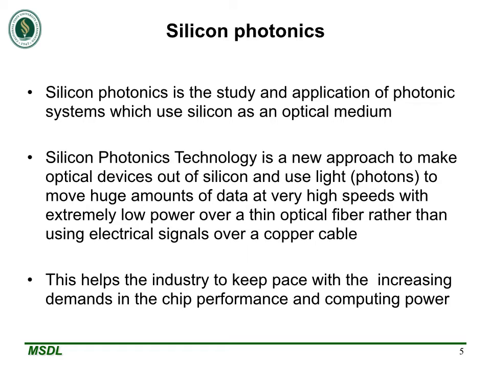This study will help the industry to keep pace with the increasing demands in chip performance and computing power. Hence, knowledge about silicon photonics becomes important and is required in order to survive in the industry.